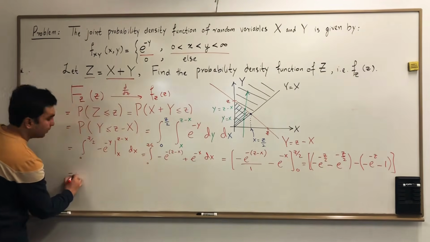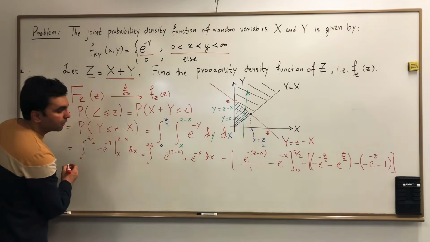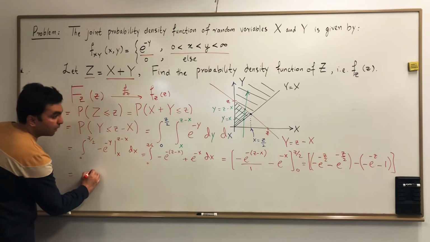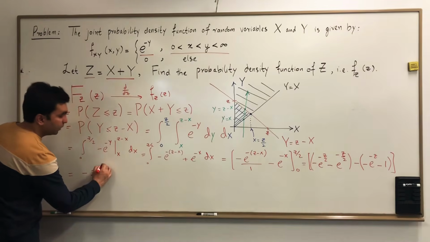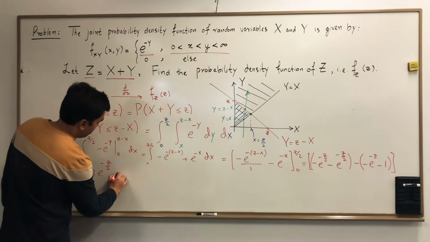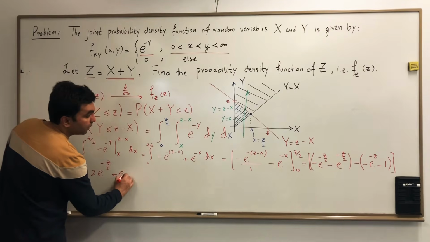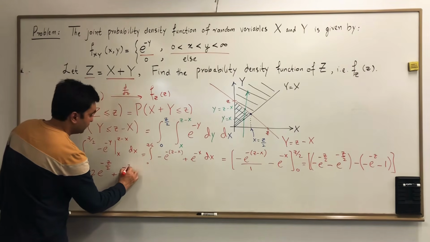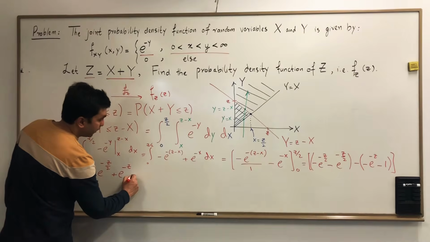So what we obtain from here is negative 2e to the negative z over 2 plus e to the negative z and then plus 1.